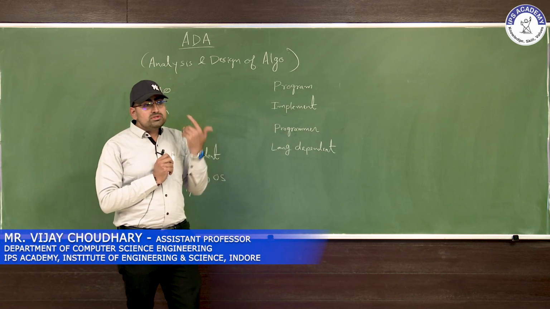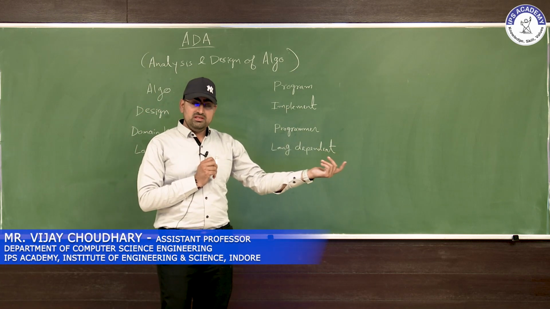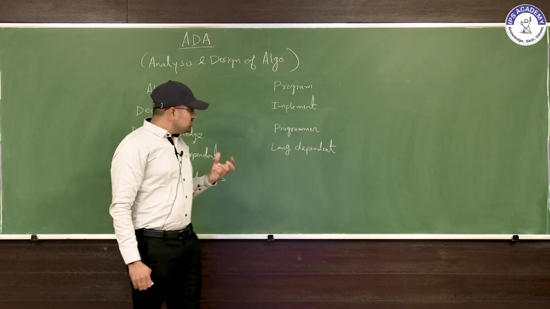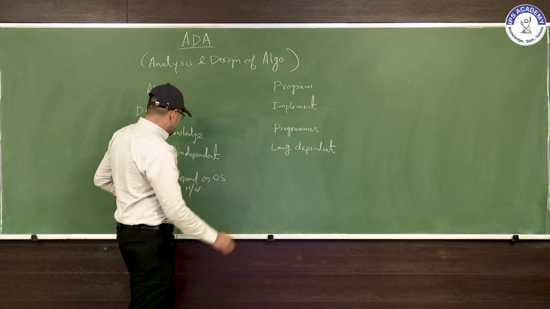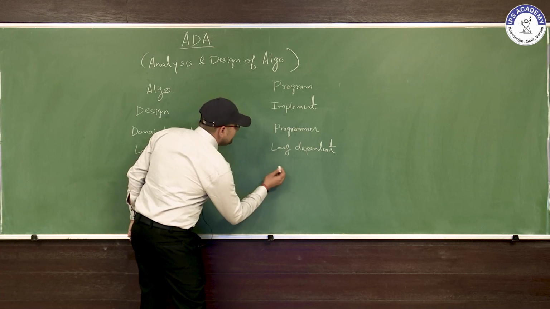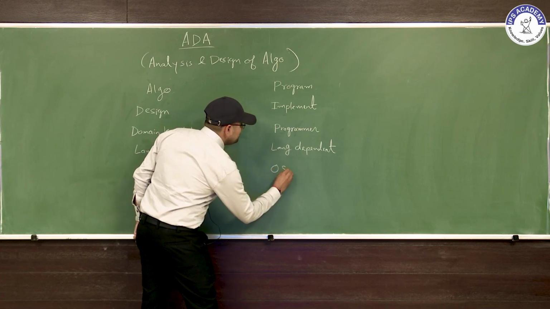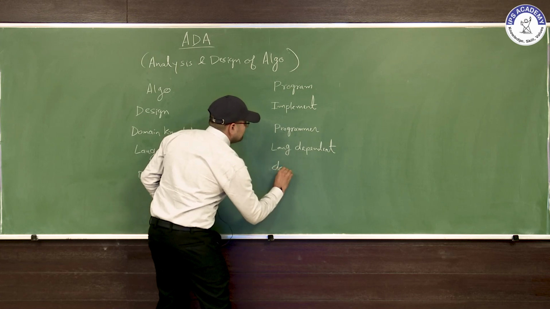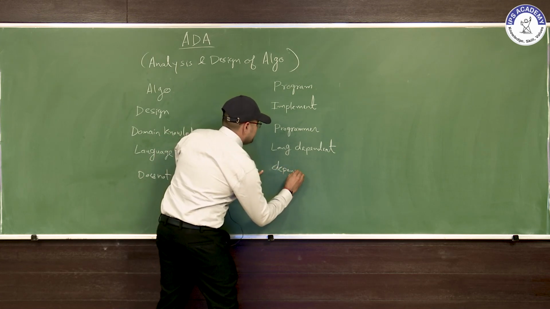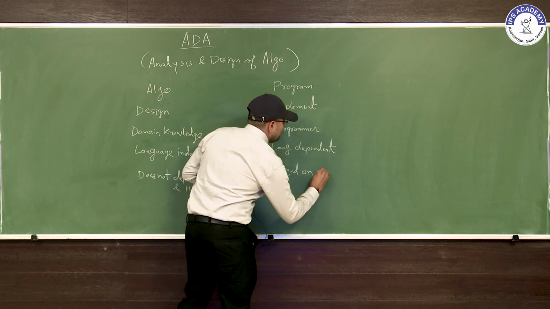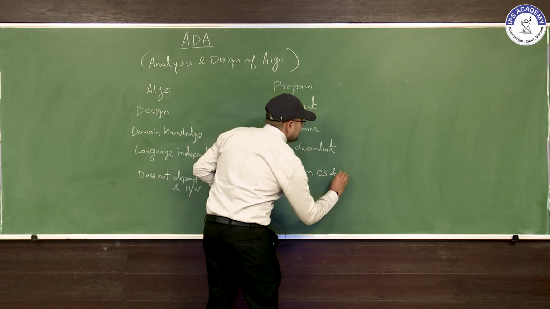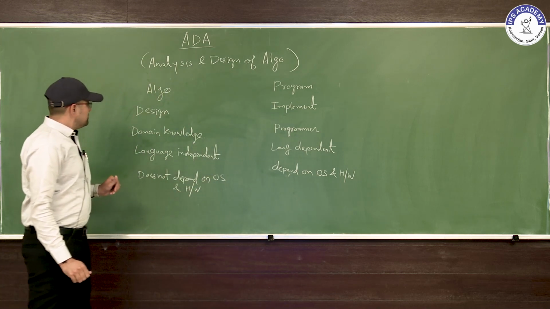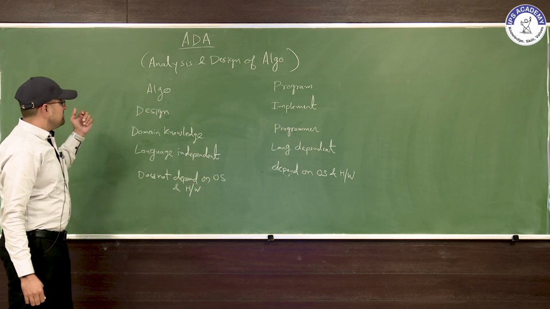Like if we talk about C, then a different C would be there for Linux and a different C would be there for the Windows operating system. So there will be a difference. So here it highly depends on the OS as well as hardware, right? So these are some differences, right?